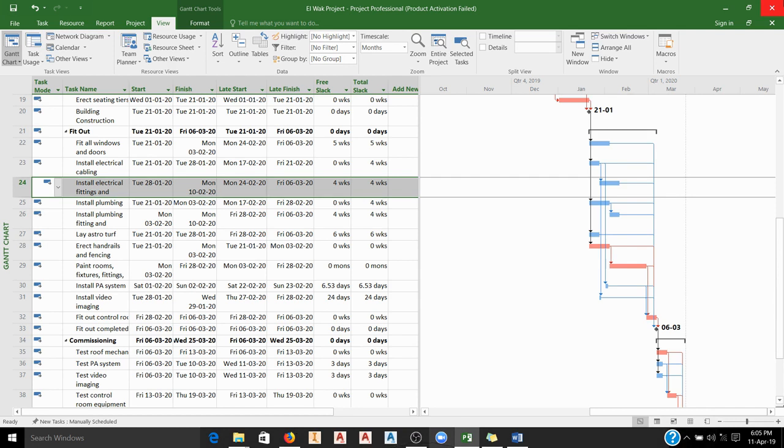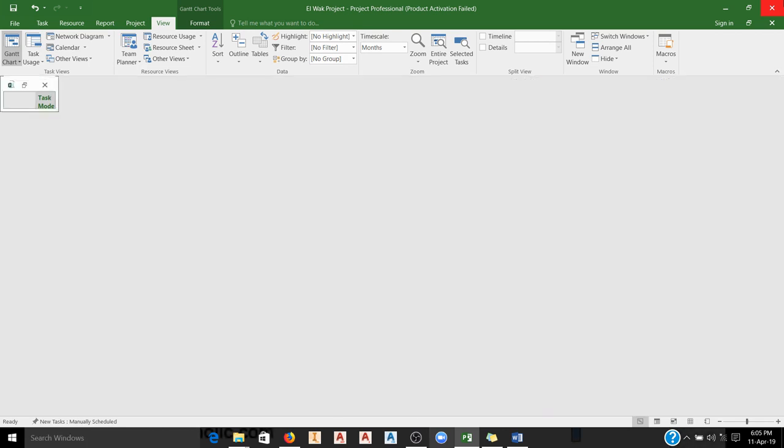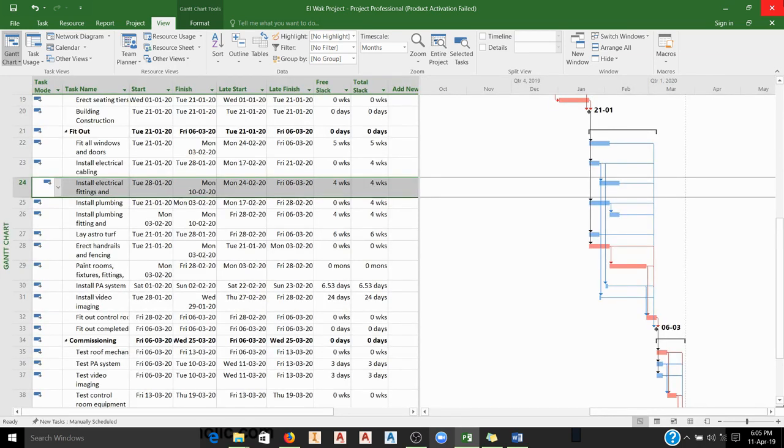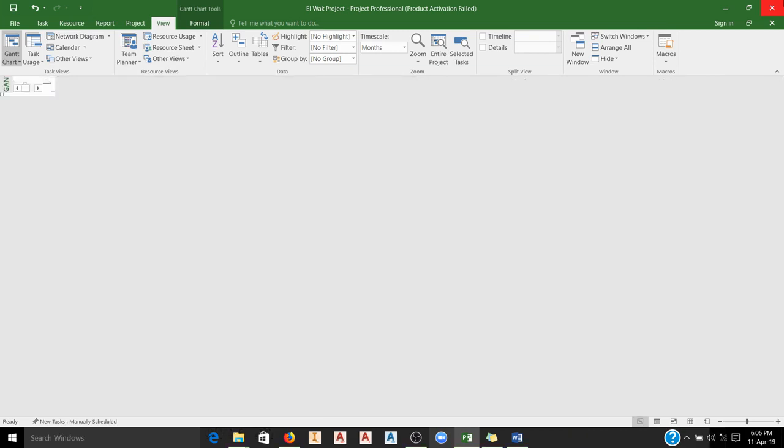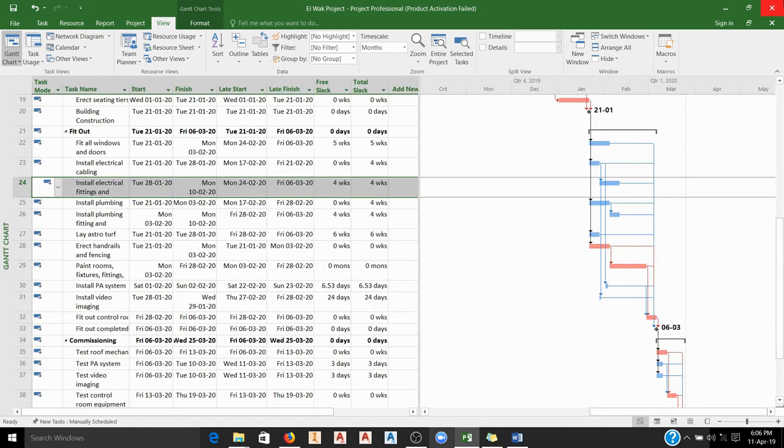So these two tasks will constitute a finish to start relationship. But we can't start erecting the walls until after 5 days. We need to leave out these 5 days because the concrete has to cure within those 5 days.